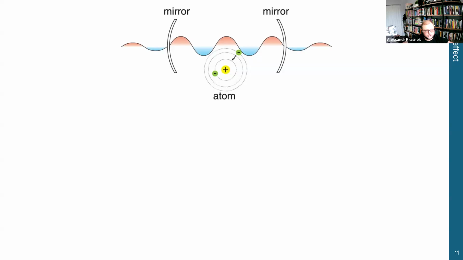Of course, it doesn't generate new energy. The resonator just makes the atom radiate faster. So per 1 second, the atom radiates more photons. That's why we see it's brighter. It just decays much faster.